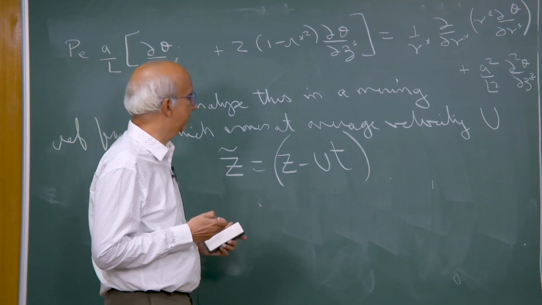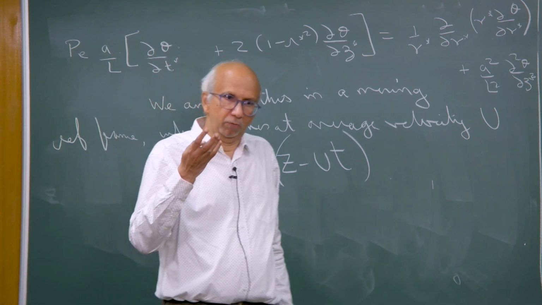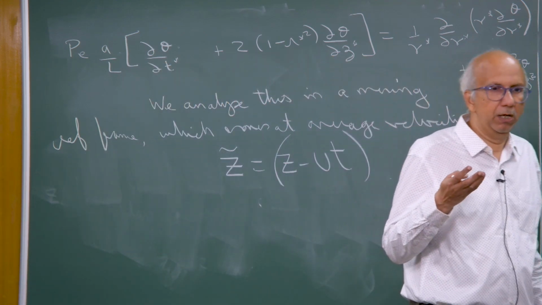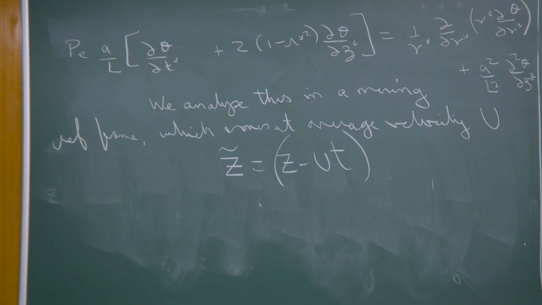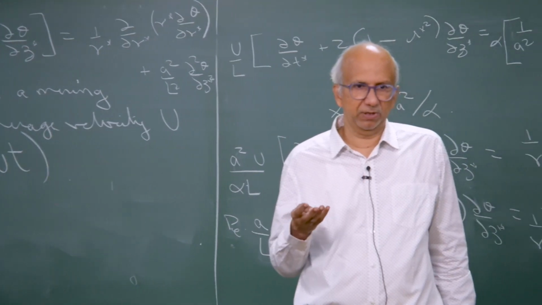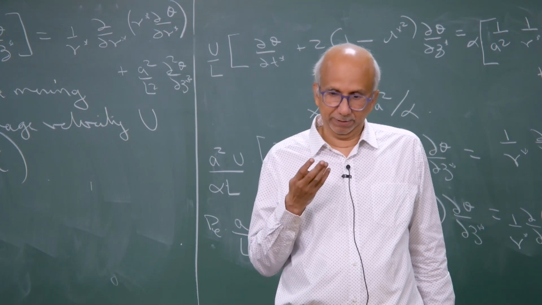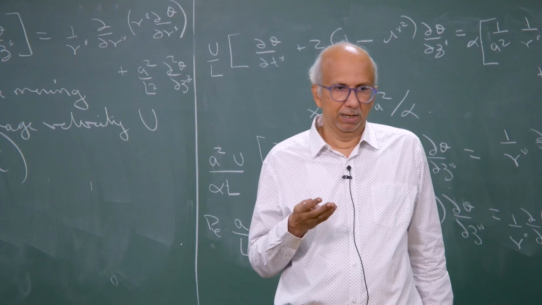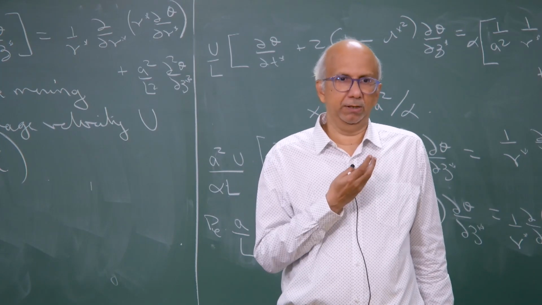What I want to do now is, what we spoke about long ago, Lagrangian reference frame and Eulerian reference frame. In the Eulerian reference frame, we are looking at a fixed position. In the Lagrangian, we are moving along with the particle.